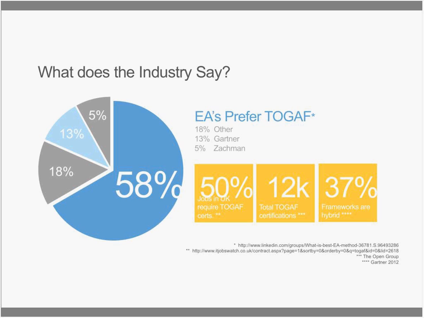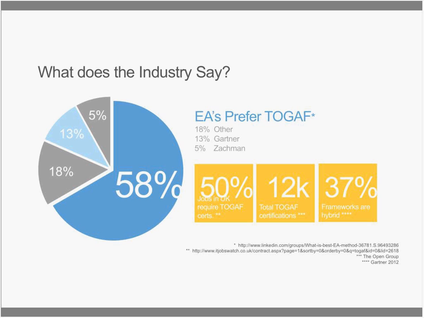And I was very surprised that the Open Group's TOGAF framework was actually a leader in what enterprise architects prefer. Now, this is a recent statistic from LinkedIn, which was an open discussion within the enterprise architecture community. But what it shows is that there is an overwhelming demand for this.